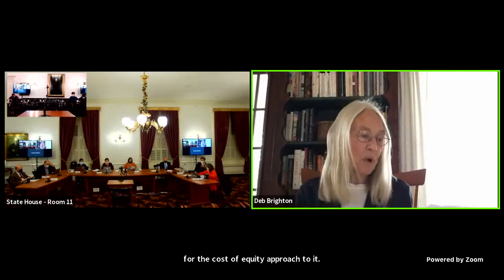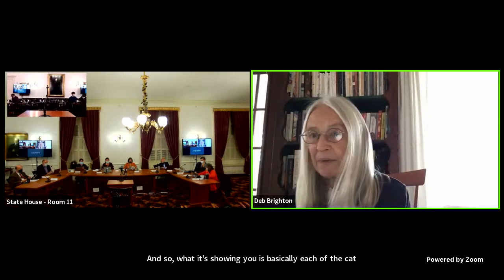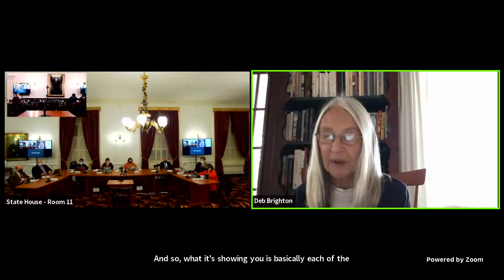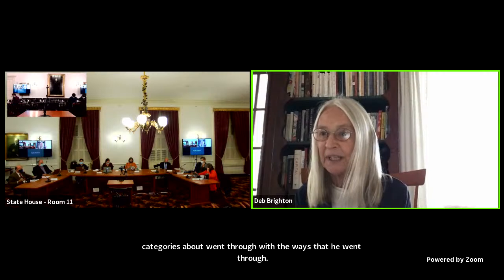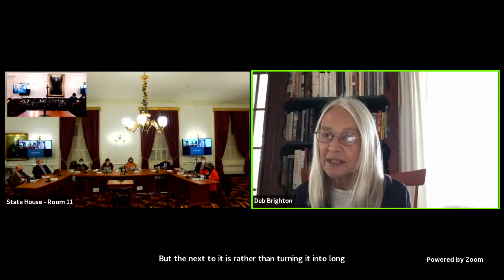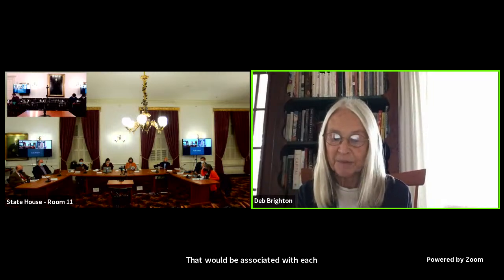And so what it's showing you is each of the categories that Brad went through with the weights that he went through. But then next to it, rather than turning it into long-term weighted ADMs, we look at what the cost is that would be associated with each student.